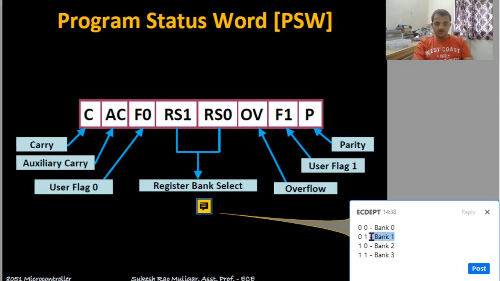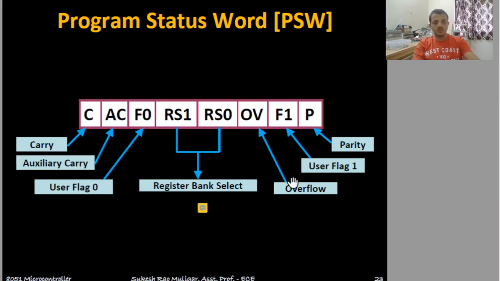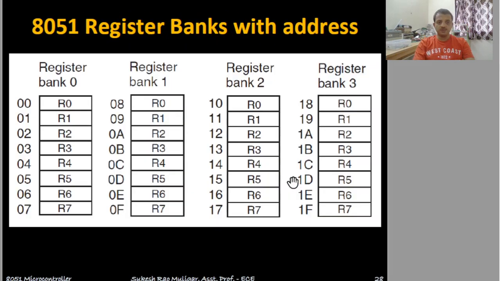If I am assuming that the register bank value is 01, then when this selection is made, the value is loaded into R0 at the 08 location. When the bank selection is 2, then R0 is at the 10H location. When the bank selection is 3, then R0 is at the 18H location.